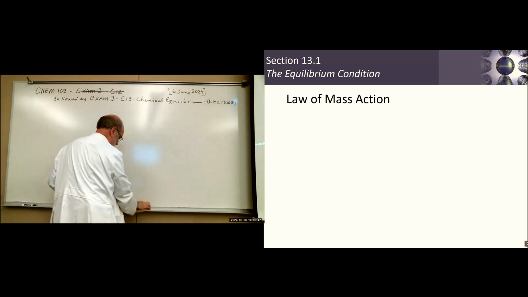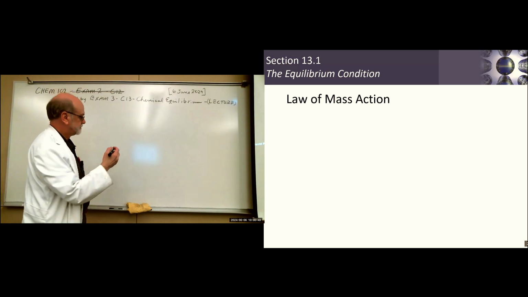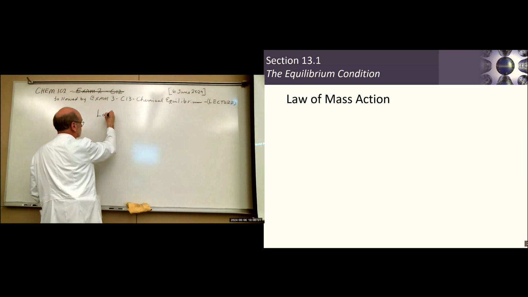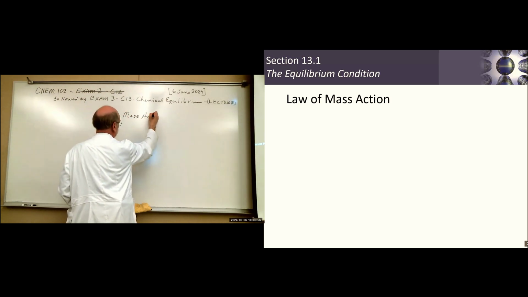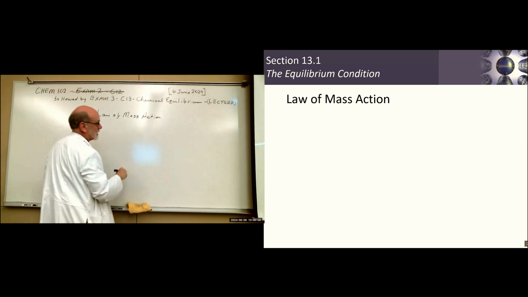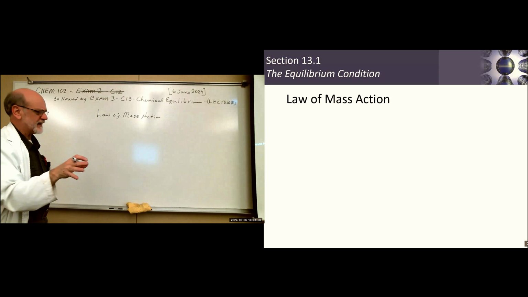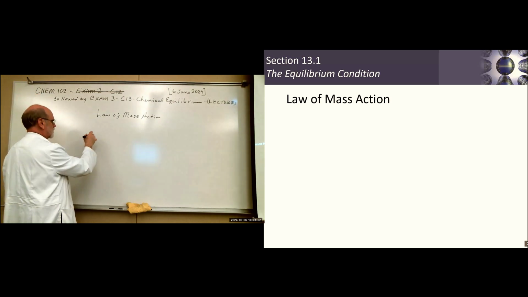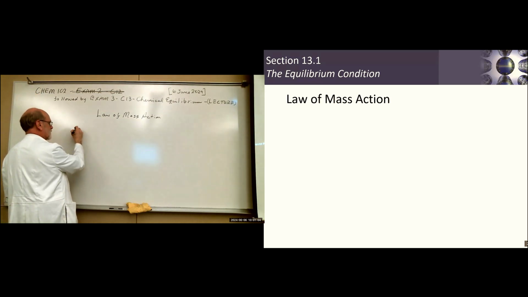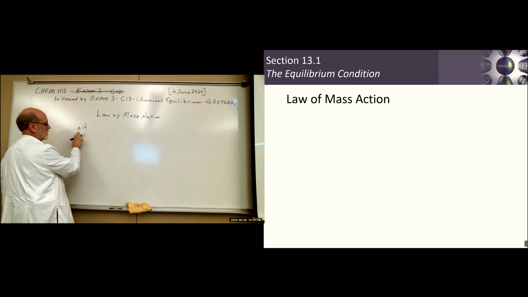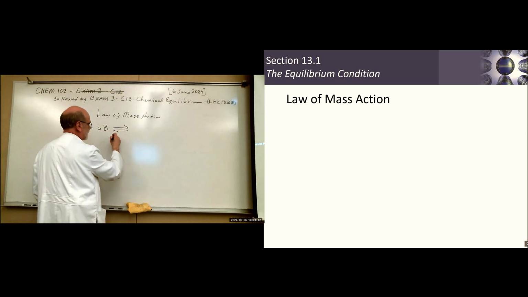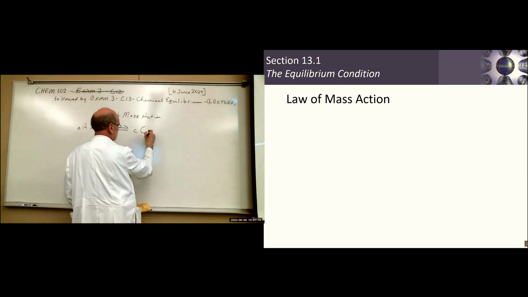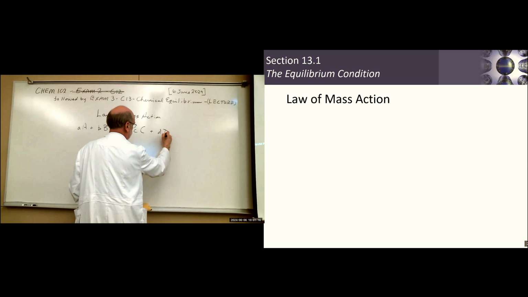Now, for the law of mass action. I'm not going to show the slide yet because it may not agree with me. I like to use the terminology where we have this reactant with its coefficient and this reactant with its coefficient is now in equilibrium with that one and that one.